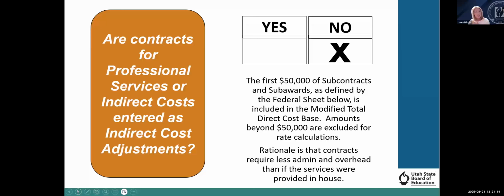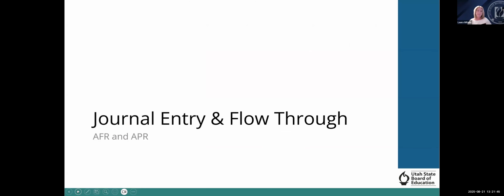Then next year, if you are not the person doing indirect costs, or if you have more than one person involved in this process, they can easily see why you've done what you've done and hopefully keep it consistent. These contracts can have a big effect on the denominator of the formula. So if you see big fluctuations in that, you'll see your rates bouncing all around. So it's best to keep that as consistent as we can.